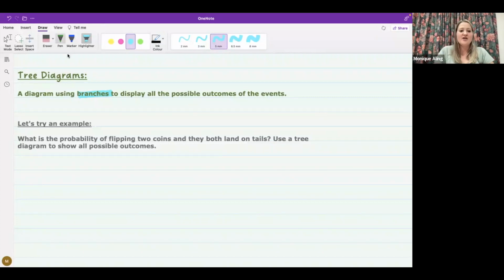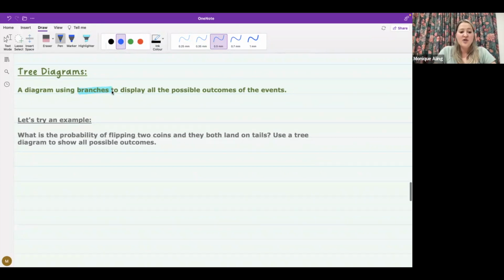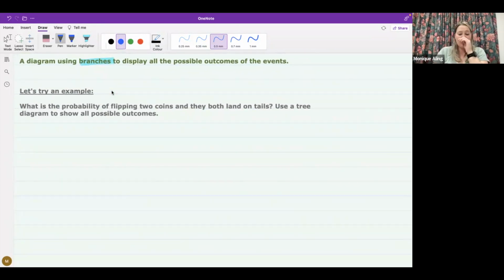Okay, so it's normally easier to find the possible outcomes when you have set up and drawn a tree diagram. So let's have a look. We are looking at two coins being flipped. So I'm going to first focus on coin one. Coin one has two options. It can either land on heads or it could land on tails.